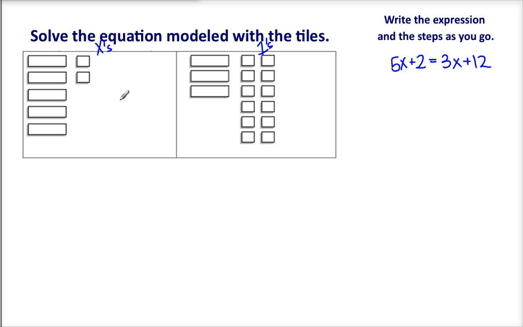Okay, so we need these three x's to not be on this side because they don't belong in this box, right? So how do I get rid of three x's? Well, think back to our zero pairs. If I want to get rid of three x's, that means I need to combine them with our zero pairs, which would be negative 3 x's.